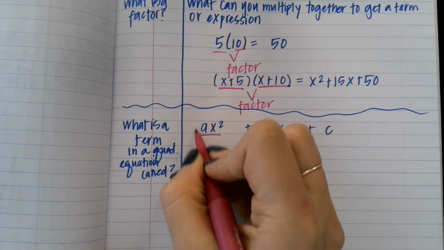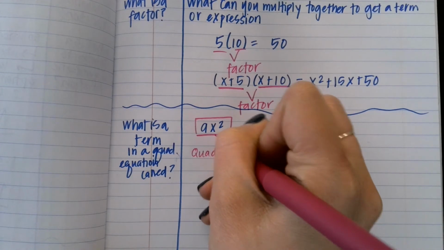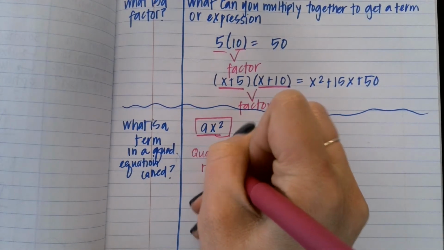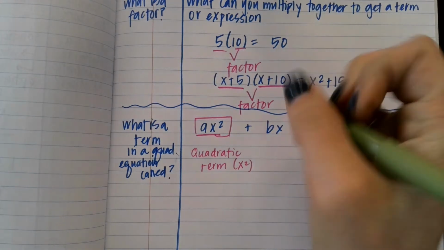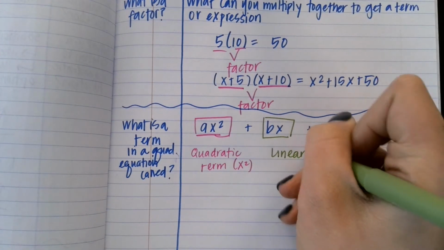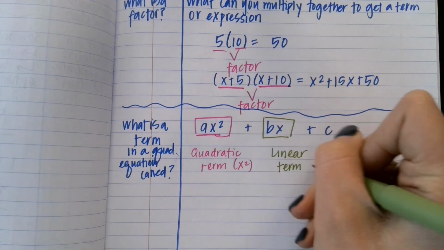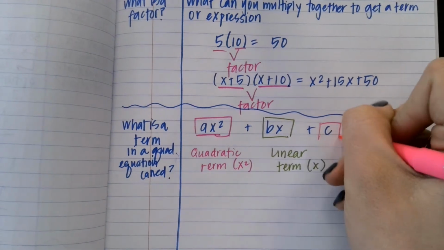Our ax squared term is called our quadratic term, and that's because it has the x squared. Feel free to color code your notes. I like making mine look fancy, so I'm color coding mine. My bx term is what's called my linear term, because it just has the singular x without the x squared. And then your c term, it doesn't have a variable.